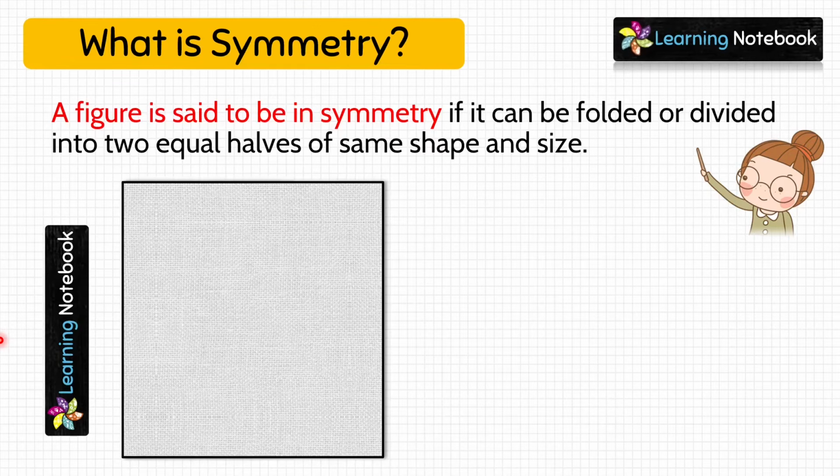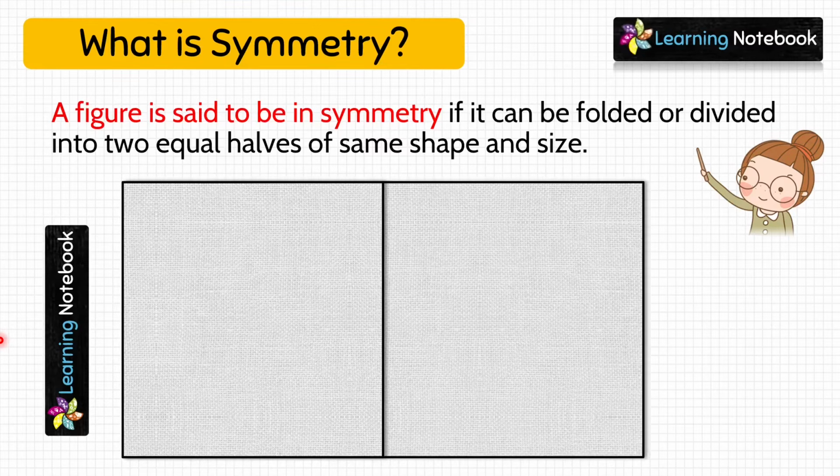Now open this page and you will notice that both the halves are of equal shape and size. This is called symmetry. A figure is said to be in symmetry if it can be folded or divided into two equal halves of same shape and size.